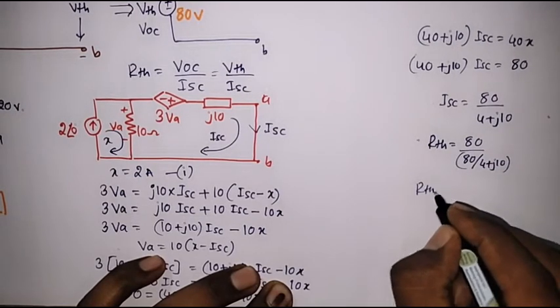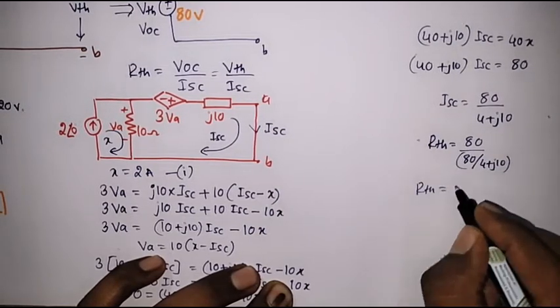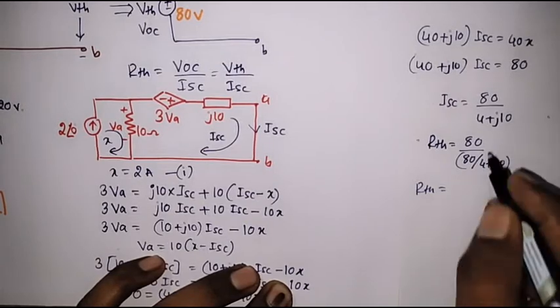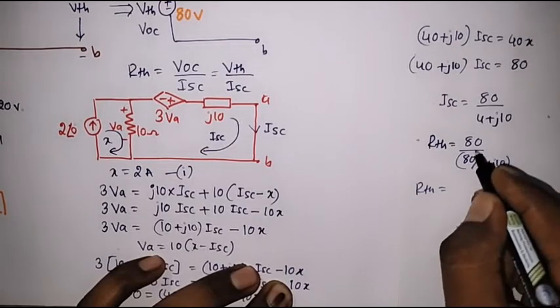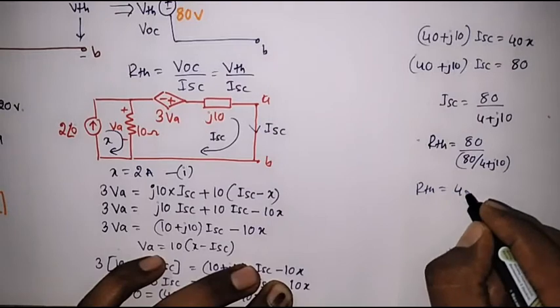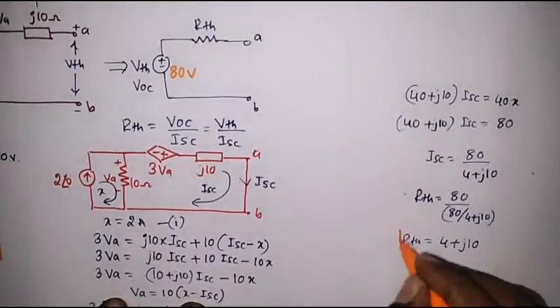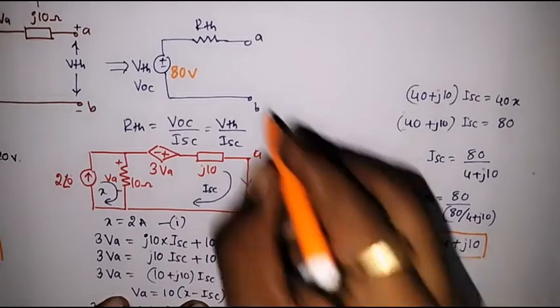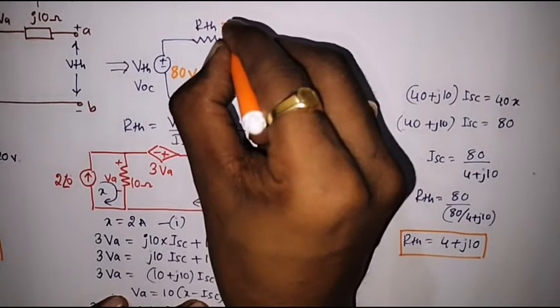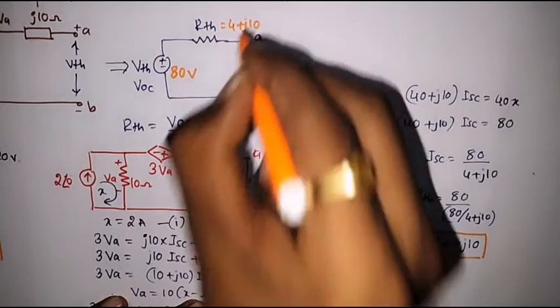Therefore RTH is equal to 40 plus J10 in the numerator, and 80 and 80 get cancelled. RTH is equal to 4 plus J10. This is the RTH value. Therefore here RTH is equal to 4 plus J10.